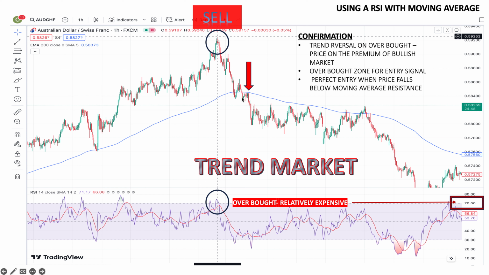So obviously when it falls down, the price is going to go to the moving average to see if it's going to break above the moving average. And when you see it cannot break above the moving average, and the moving average has decided to create a resistance like a ceiling, then you can look for an entry. There's no possible way the price will go above the MA and go back up.